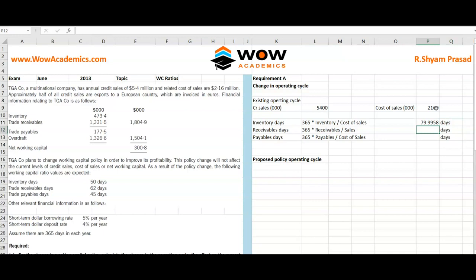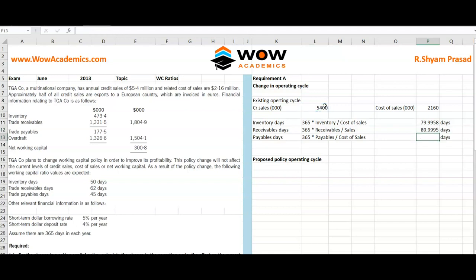We'll work out the next one. It's 365 divided by the receivables. Receivables is 1331.5 divided by the credit sales number here. So we can get the answer.